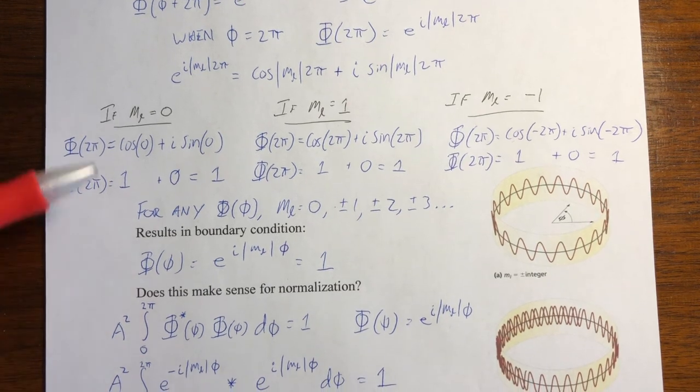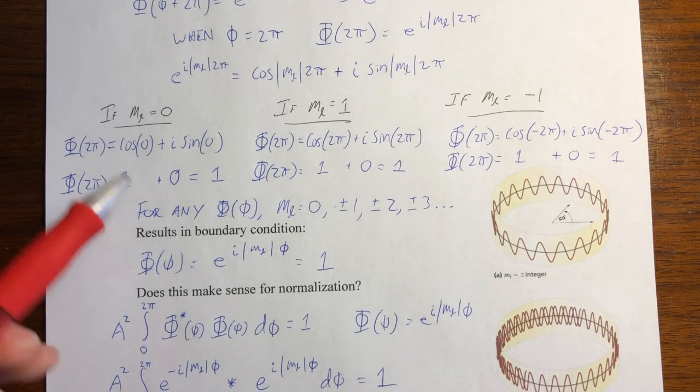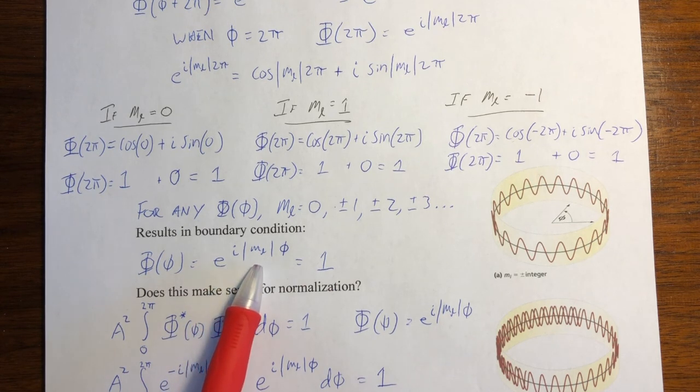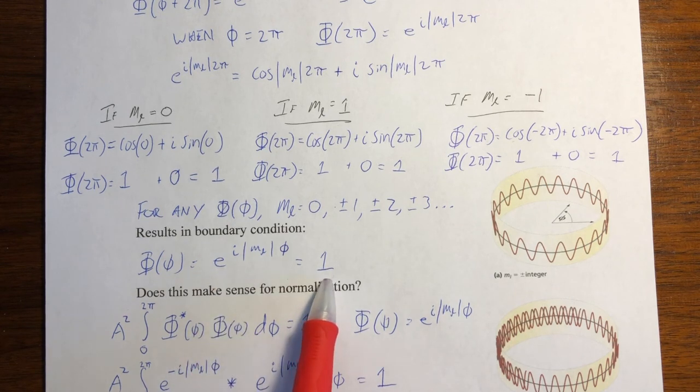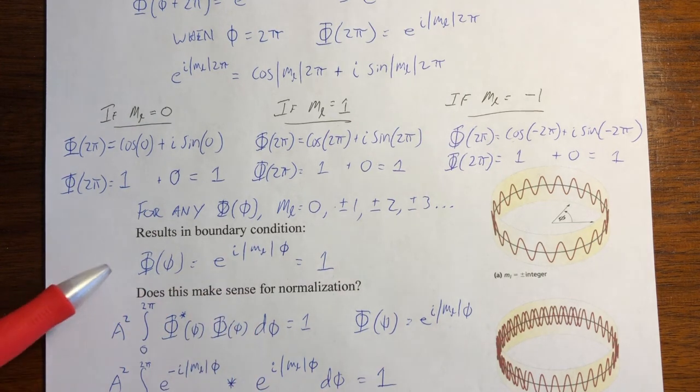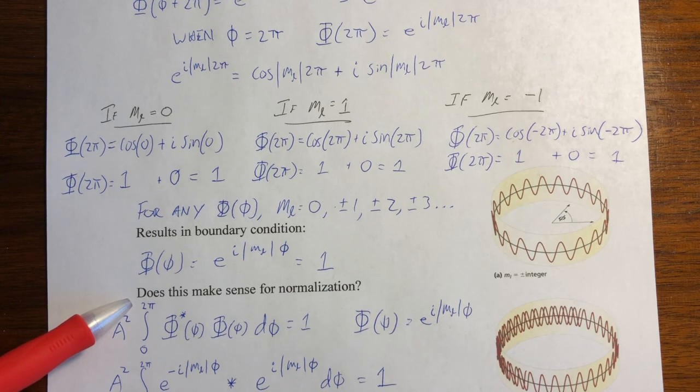So we have the boundary condition that the wave function of phi is equal to e raised to the power of i times m sub l times phi, bringing it back to the exponential form using the Euler relation, and showing that this is going to be equal to 1 provided that m sub l is a positive or negative integer. So now, does this boundary condition make sense for normalization?